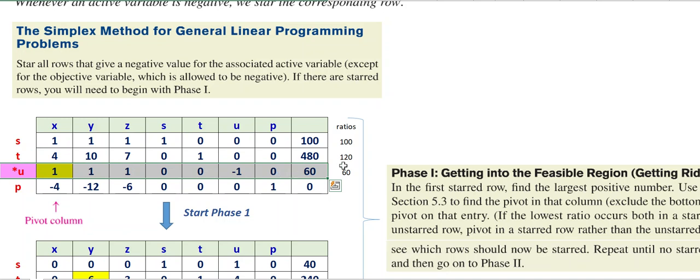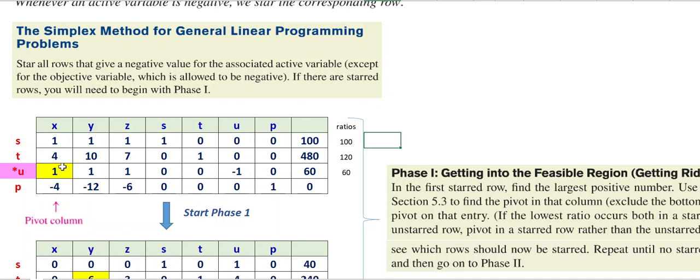The most positive number is either 1, 1, or 1. They're all equally positive, so pick one. It doesn't really matter which one you pick. I always like to go to the left-hand column if that's possible, so I am picking the X column as my pivot column.